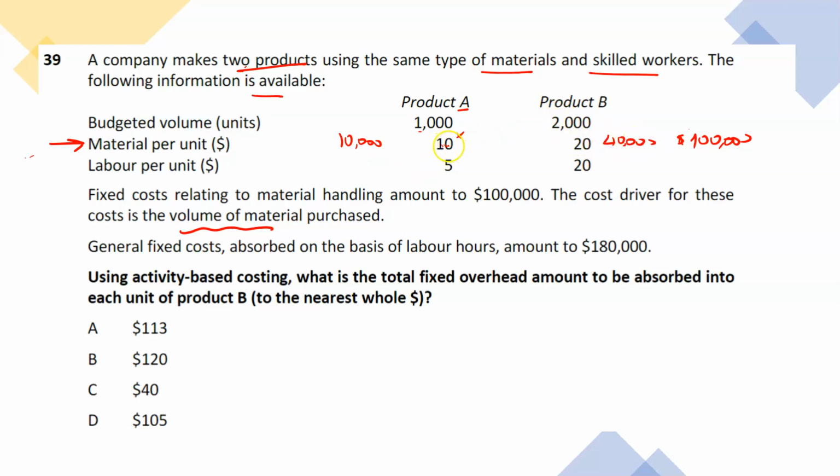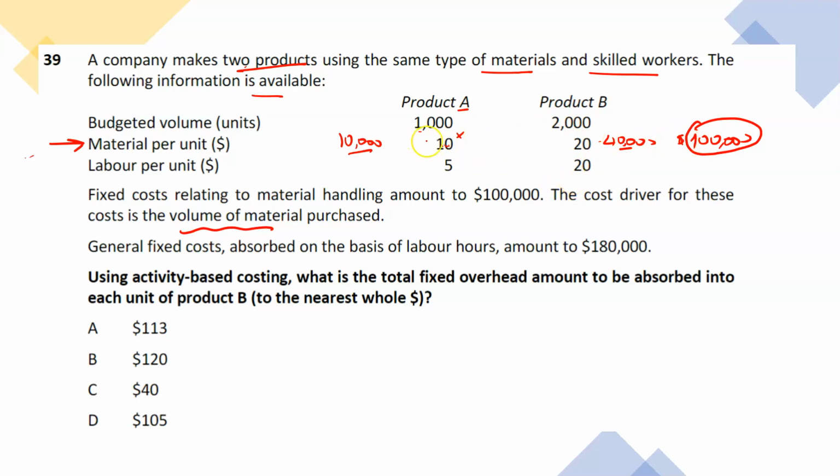So you'd have spent £10,000 on material on product A and £40,000 on product B. Now you literally have to split this 100,000 on the ratio of 10,000 to 40,000. So that's a 1 to 4 ratio.